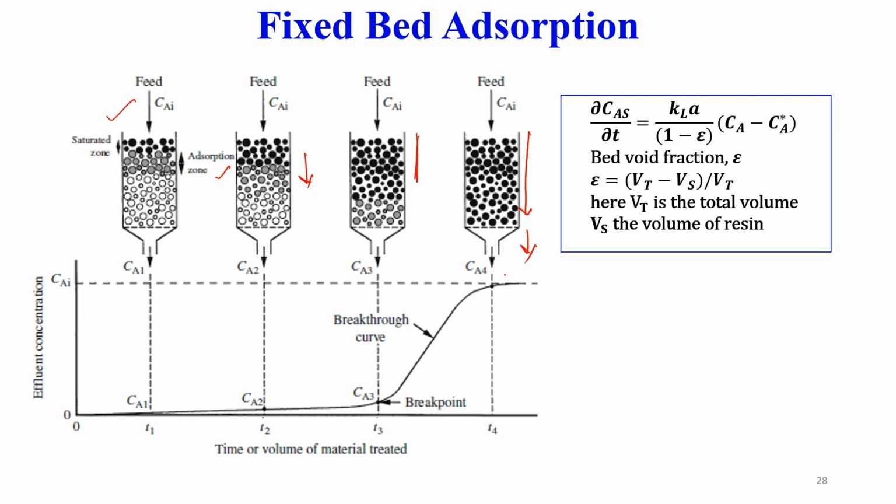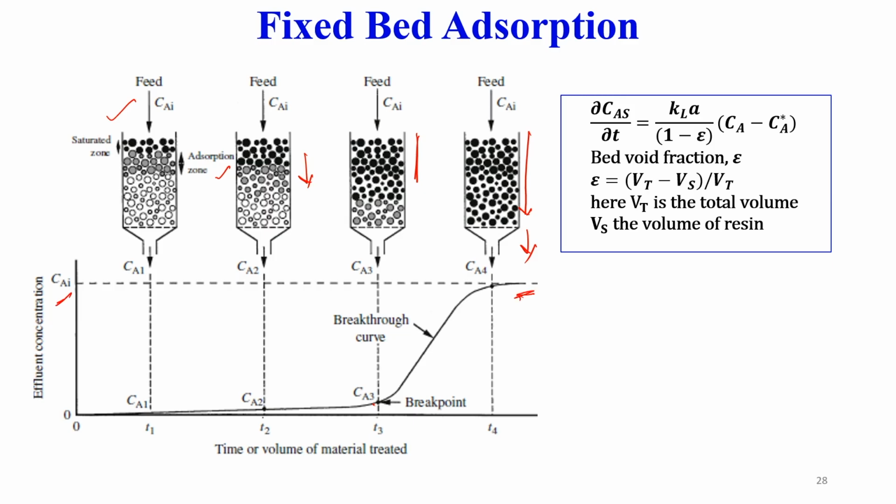Once the adsorption zone has left the column, from here to here all the adsorbate was adsorbed on the surface, but now all of a sudden the initial concentration is the outlet concentration.